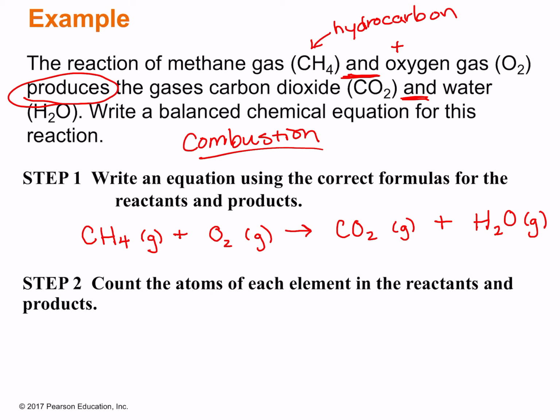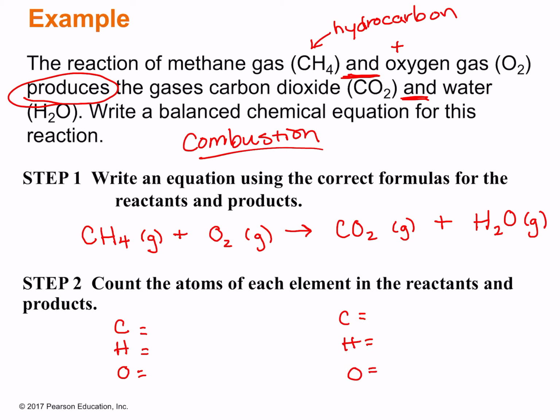Now, after you go through and actually write them all out, you're going to balance it. It says count the atoms of each element in the reactants and the products. So on the reactant side, we have carbon, hydrogen, and oxygen, and on the product side, we have carbon, hydrogen, and oxygen.